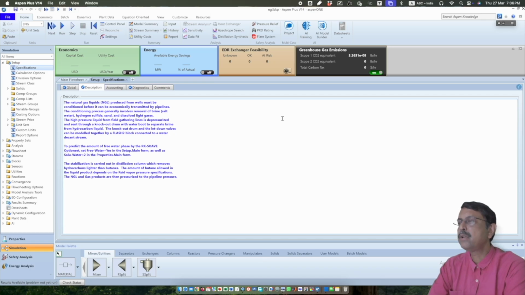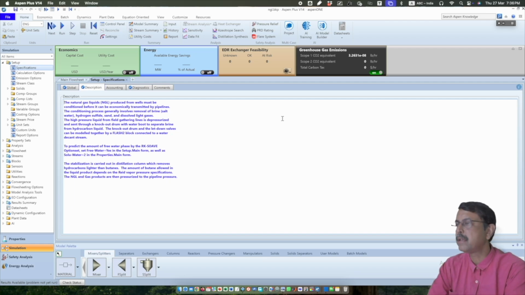The high-pressure liquid from field gathering lines is depressurized and sent to the knockout drum with water boot to separate brine from hydrocarbon liquid. The knockout drum and the let-down valves can be modeled together by a flash 2 block. So we have just a flash 2 block for that, connected to a water decant stream where the free water can be decanted.